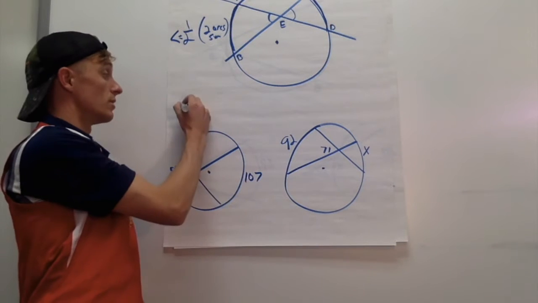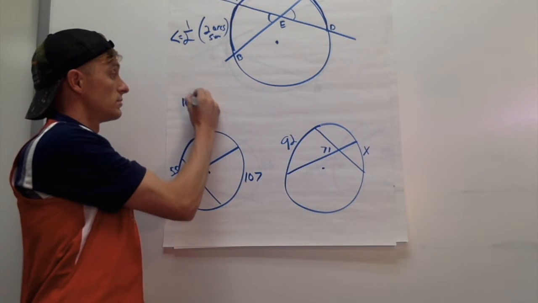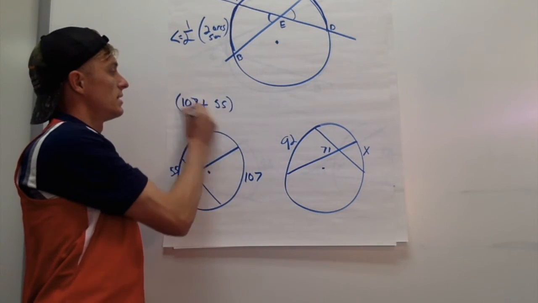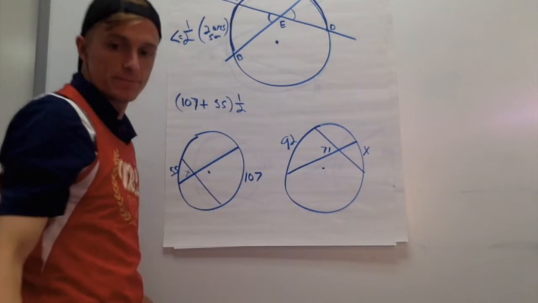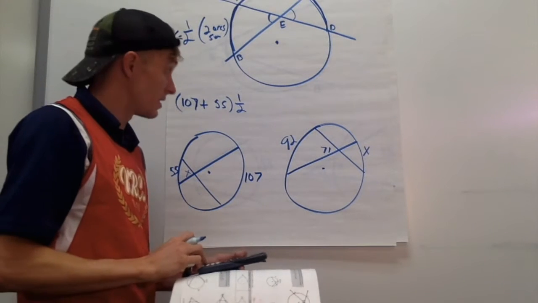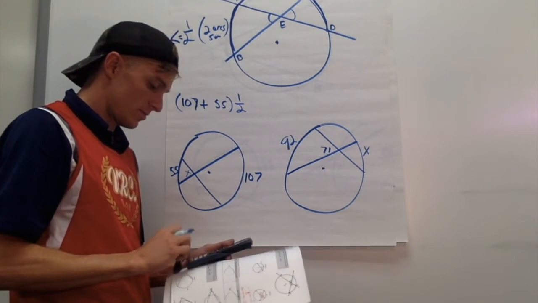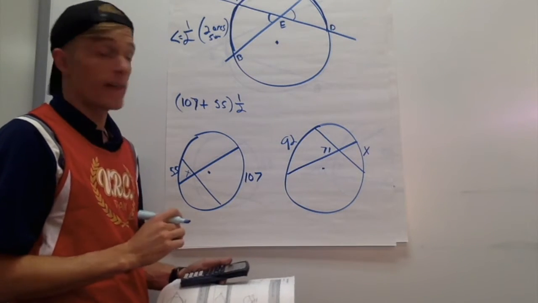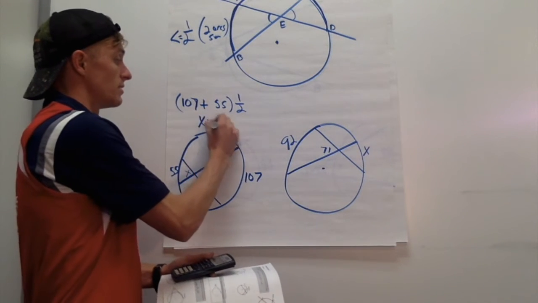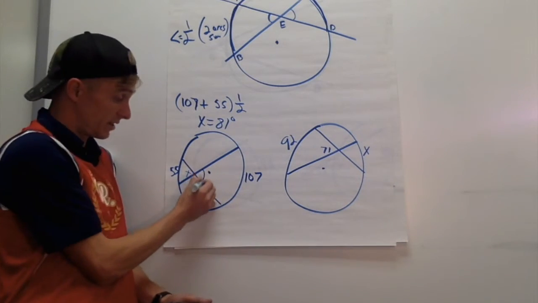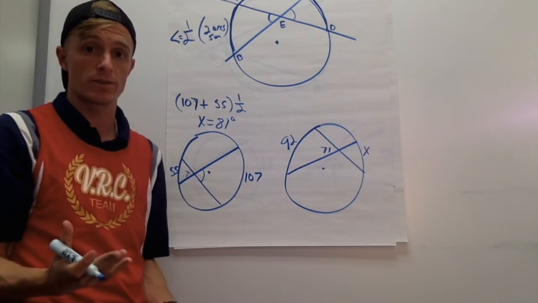So we just go 107 plus 55, times 1/2. That is 107 plus 55 times 0.5, and that's equal to 81. So x is equal to 81 degrees. And that must mean this angle right here is also 81 because they're vertical angles.